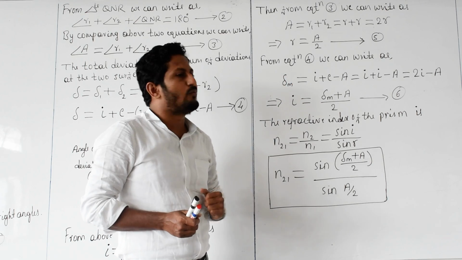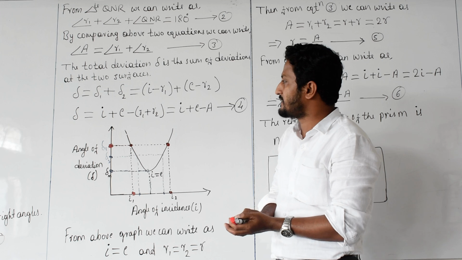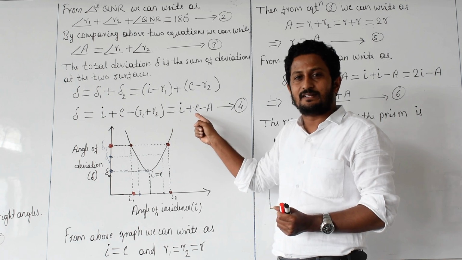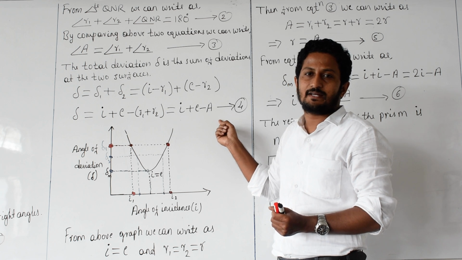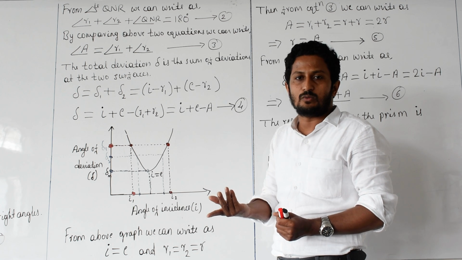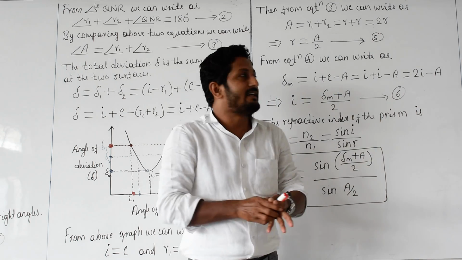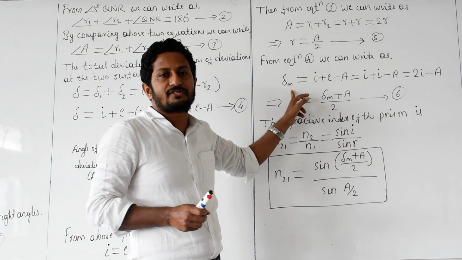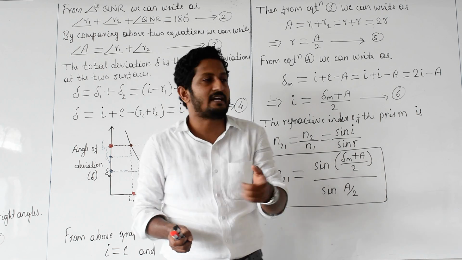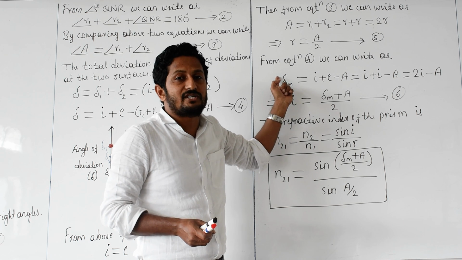Then from equation 4 we can write. Now look at equation 4. What is it? You see here. Delta is equal to I plus E minus A. Here we treated I and E as equal. In place of E, you write again I. Then delta, that is minimum deviation. Our consideration is for minimum deviation. That's why subscript M tells it is minimum deviation.